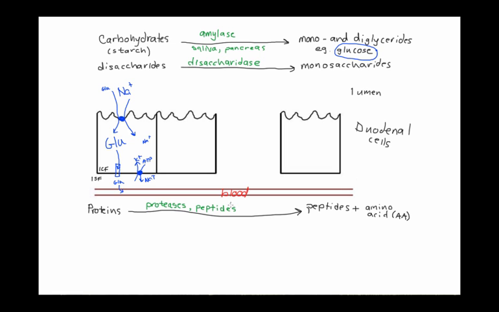And it does, breaks down peptides into amino acids. And most of these are from the small intestine or from the pancreas. So small intestine or pancreas. So those are from the exocrine cells of the pancreas.